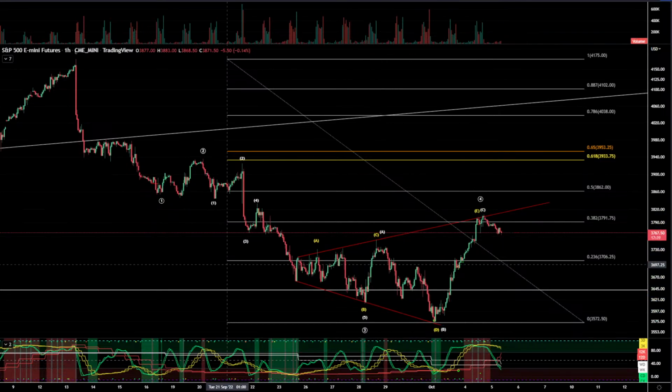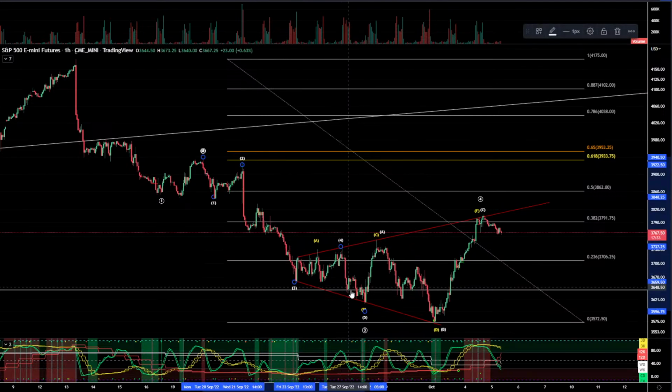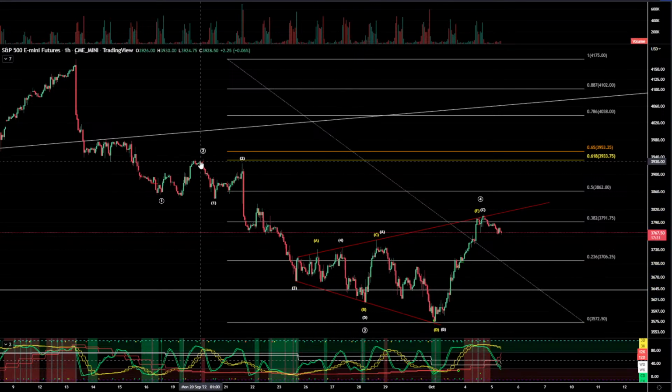The only difference is, this 3 will come down here, this 4 would go here, and then we would get the 5. From a wave structure, 1, 2, 3, 4, 5, that does look a little better.